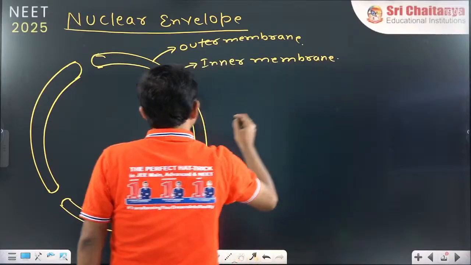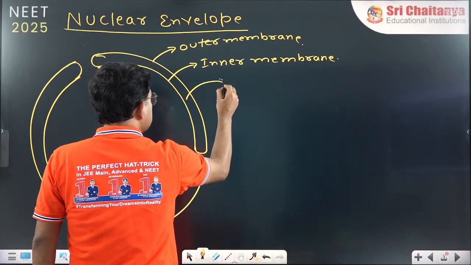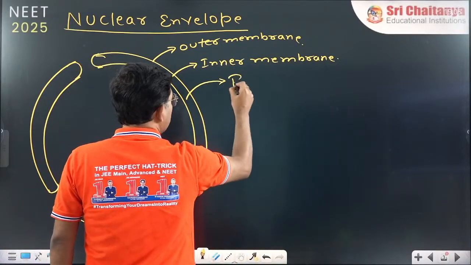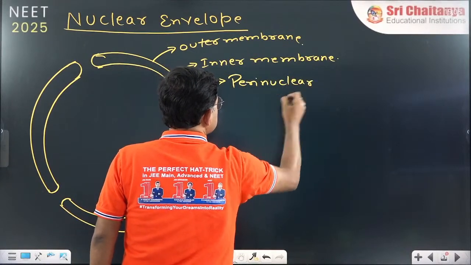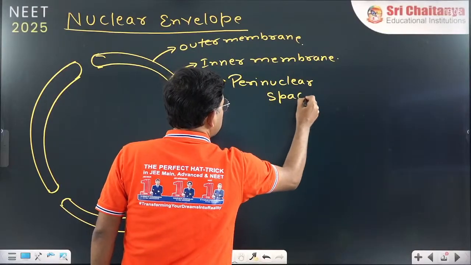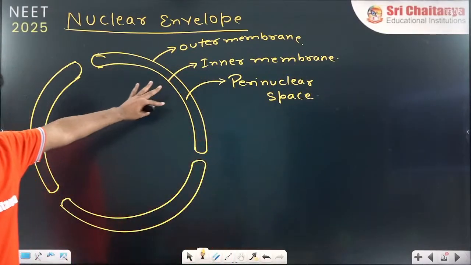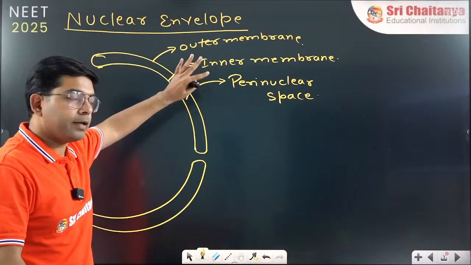In between the outer and inner membrane is a space which is called the perinuclear space. Perinuclear space. This part, I think, is very clear.